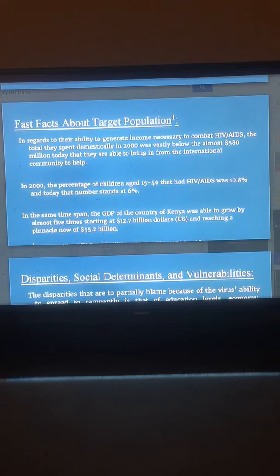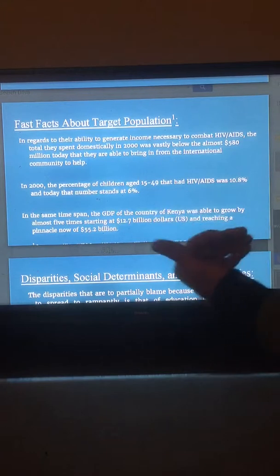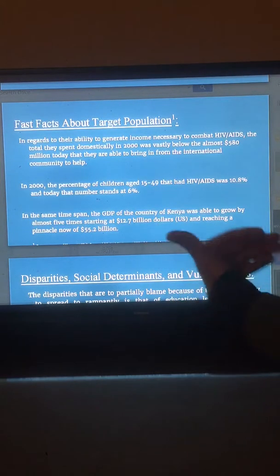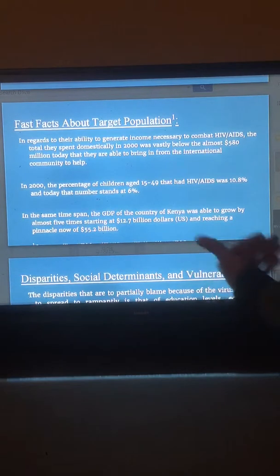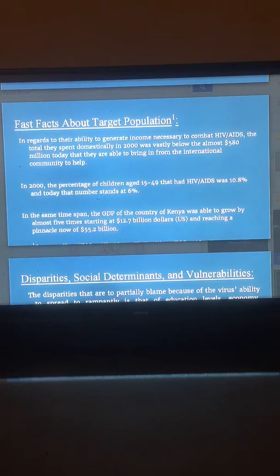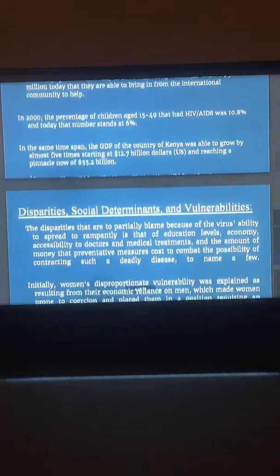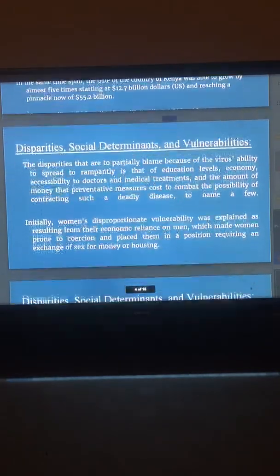And in that same time span, in the 2000s, the GDP of the country of Kenya was able to grow by almost 5 times, from a little over 12.5 billion to its pinnacle now at 55 billion. So we do see some pretty good growth within the country.